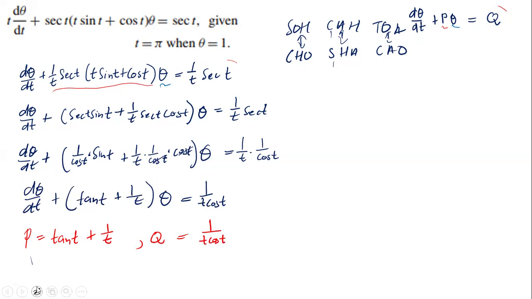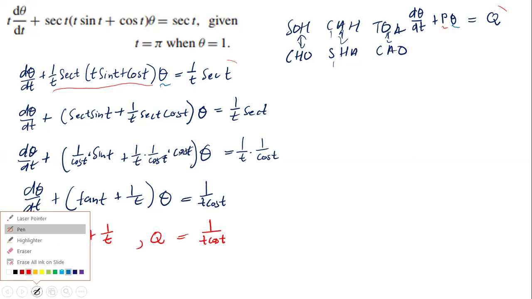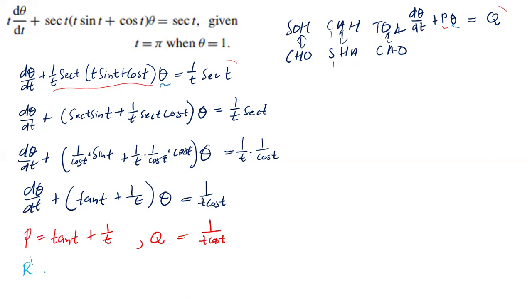Let's talk about the integration factor. We repeat the same thing over and over again, which is r equals e to the integral of p dt, which is e to the integral of, what is p? I'm going to write it like this because it's tan t plus 1 over t.